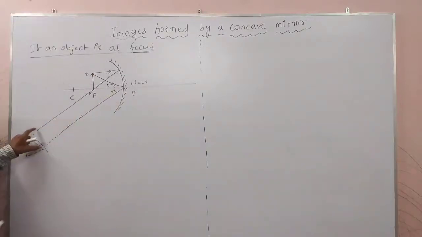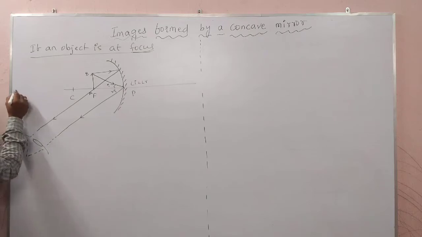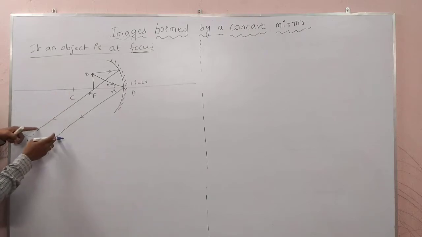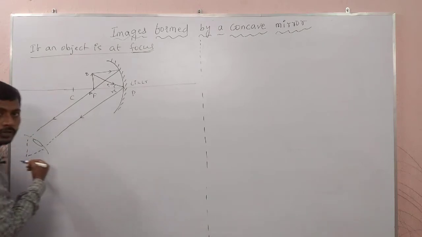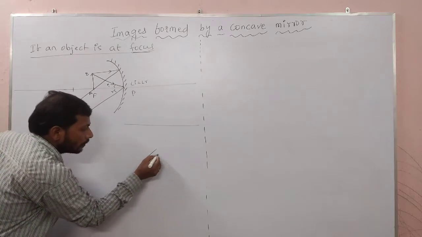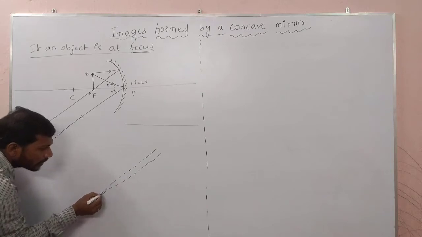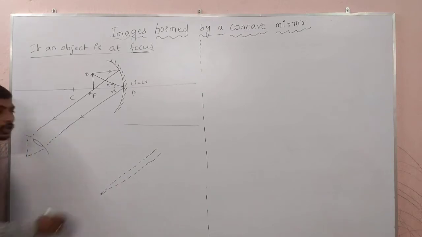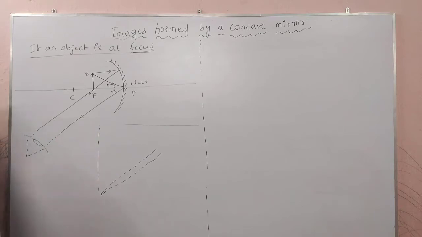If these two rays are going to meet, once observe, this is the principal axis. Just imagine, these two are going downward like this. If they meet, you get the image. If you are unable to see this side, I am drawing it here. This is the principal axis. If these two rays meet at infinity, imagine they meet at some location, then the size of the image is very, very big.